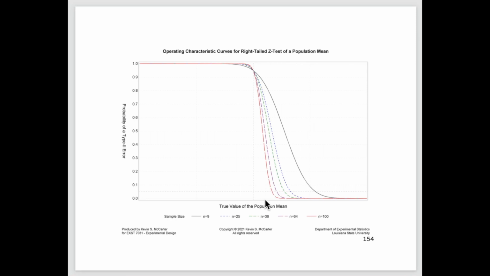But for values of mu that are further and further away from the boundary of that null hypothesis space, we see that the test is better able to determine that the null hypothesis is not true, and therefore the probability of a type 2 error decreases very quickly. And finally, for a given value of mu, say right here, we see that as we increase the sample size, all right, the probability of a type 2 error decreases.